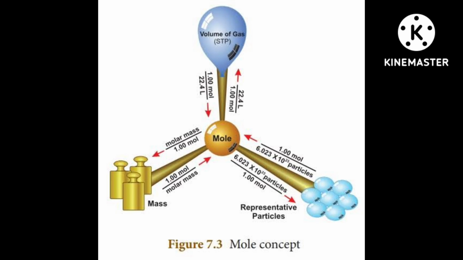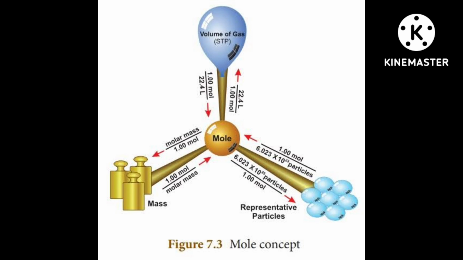In this way, other concepts are also there. That's why the name mole concept has been given. What are the other concepts? First I told you the Avogadro number is equal to 1 mole. The second concept is that molecular mass is equal to 1 mole.